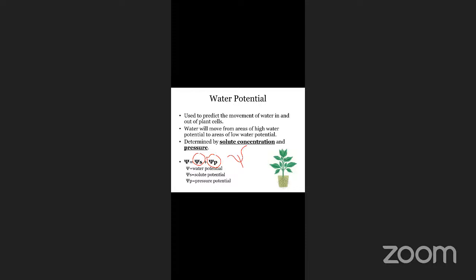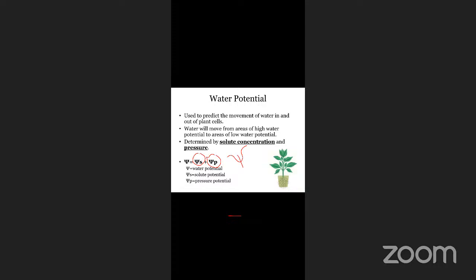Right. The water will move from an area of high water potential to low water potential. First of all, you should understand where there is high water potential and where there is low water potential.